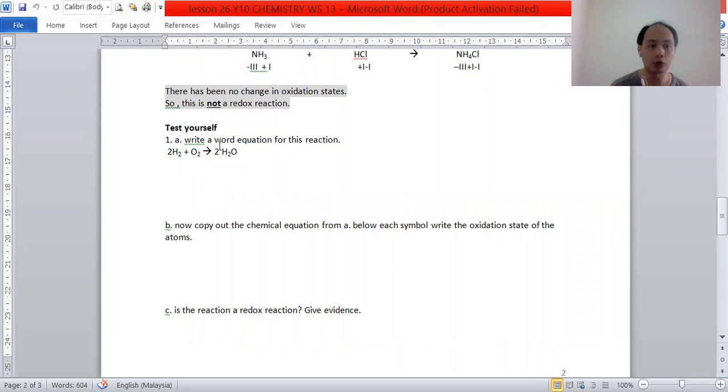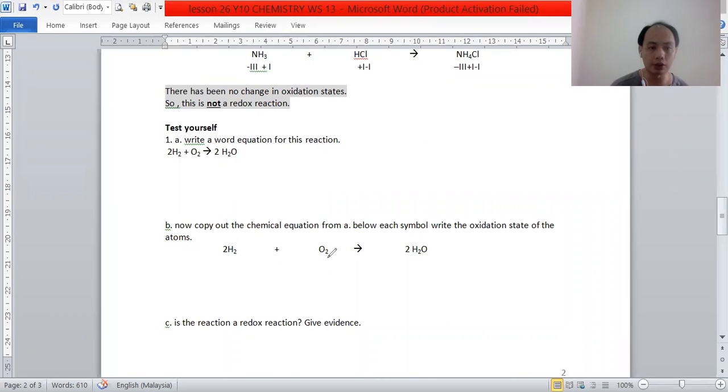Write a word equation. This one is very simple. H2 is hydrogen, O2 is oxygen. Hydrogen plus oxygen becomes water. Now copy out the chemical equation and write the oxidation state of each. So I just copy and paste it here. Let me move it a little to make more space so that we can write clearer.